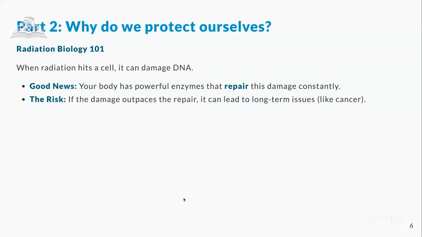It's not restricted to radiation from the medical field. There is background radiation anyway. So our bodies are adapted to a certain level of it. If there is too much, you risk the damage outpacing the repair, and that would lead to long-term issues like cancer.